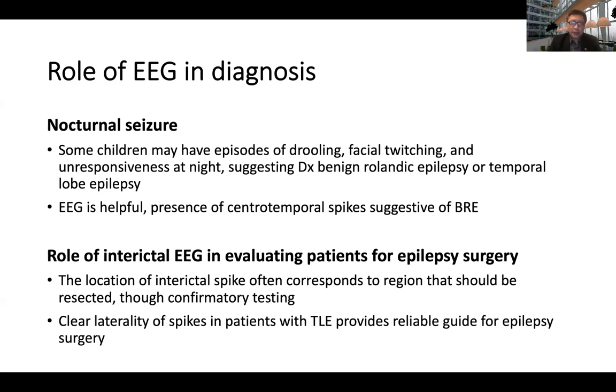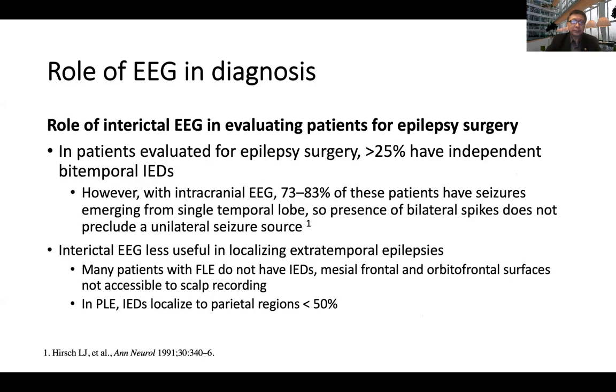About the role of interictal EEG in evaluating patients for epilepsy surgery, the location of the interictal spike often corresponds to the region that should be resected, to be confirmed by other tests. Clear laterality of the spike in patients with temporal epilepsy provides a reliable guide for epilepsy surgery.